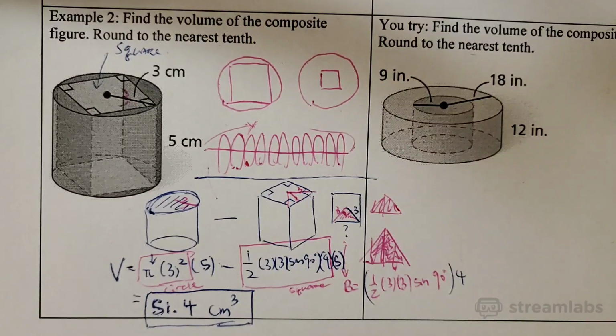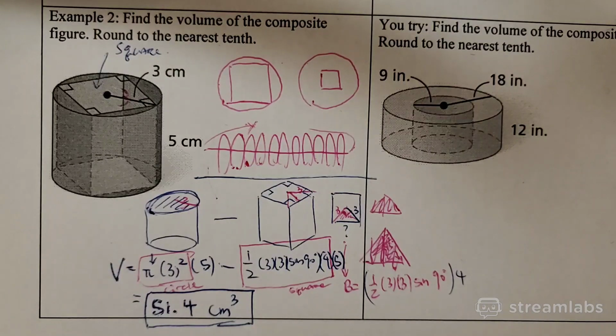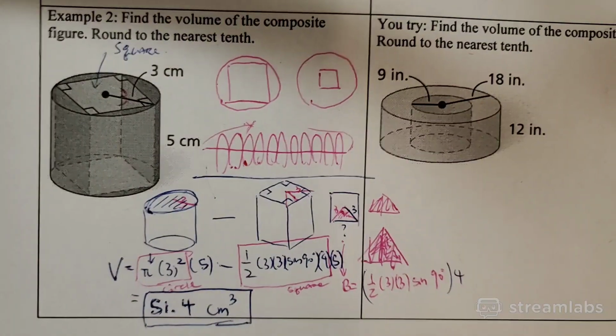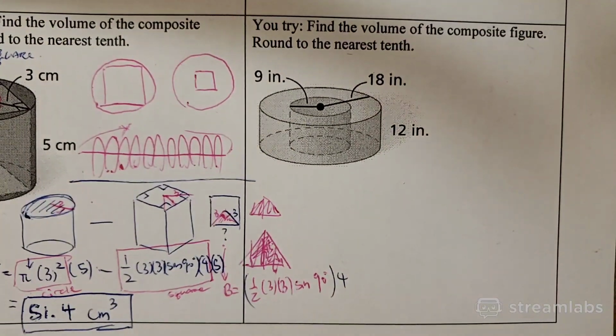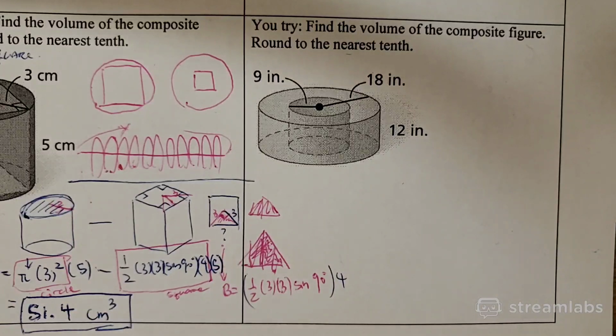How are we doing? All right, last part for prisms and cylinders. This is 2 cylinders, right?